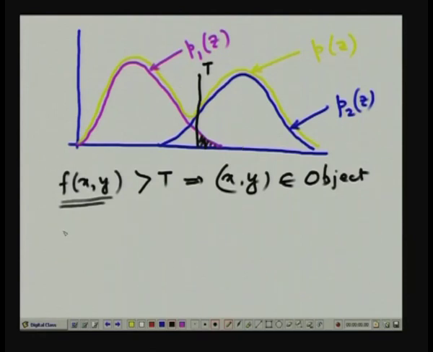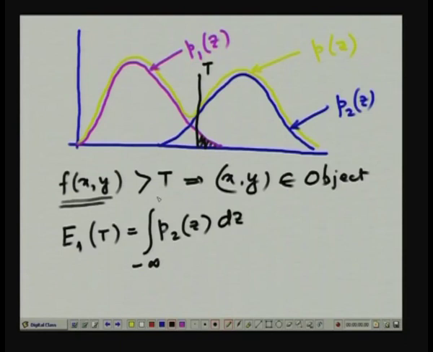So, the error that you encounter in that particular case is given by say E 1 t, because this error is threshold t dependent. So, write this as E 1 t is equal to integral p 2 z d z, taking the integral from minus infinity to t. So, what is this? This is the probability that this is the error incorporated that an object pixel may be classified as a background pixel.